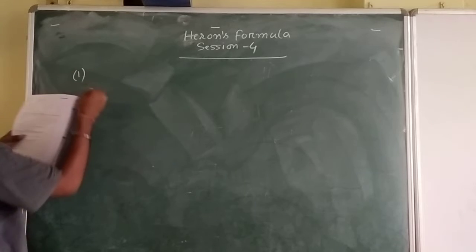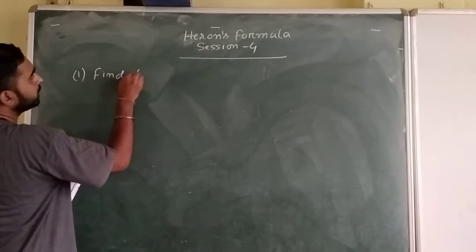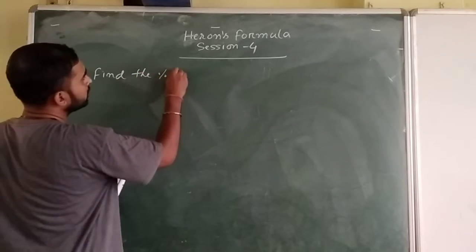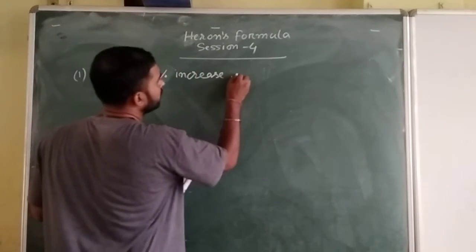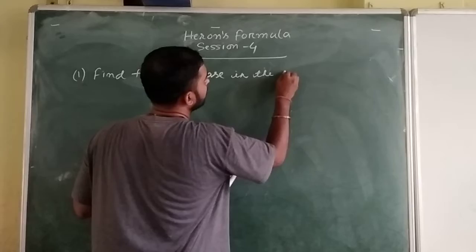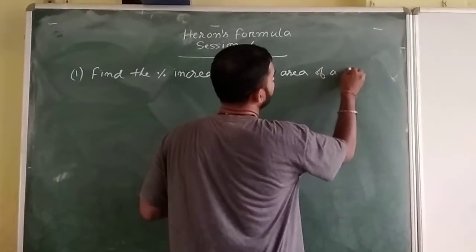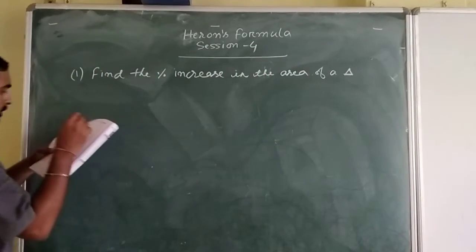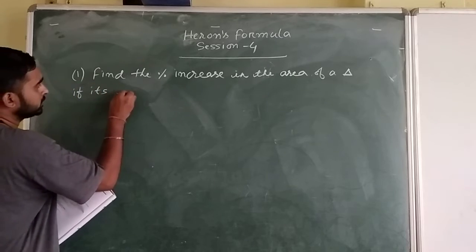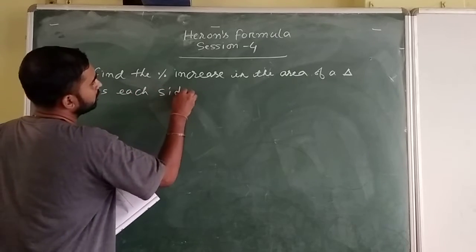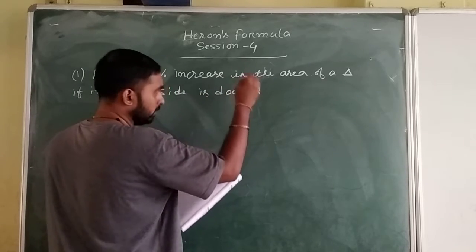Number one question is, find the percentage increase in the area of a triangle if each side is double.